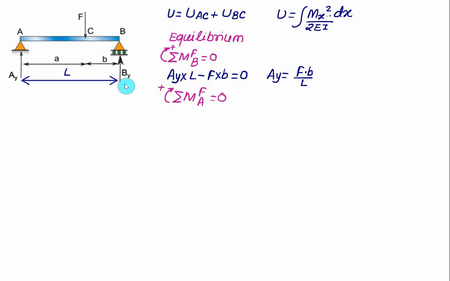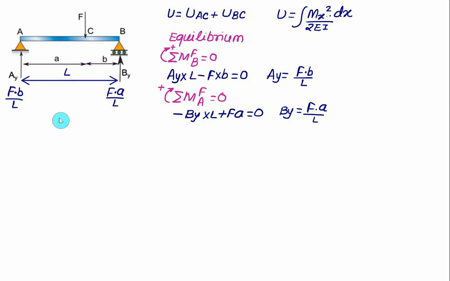Moment of BY about point A will be anticlockwise, anticlockwise is negative, BY multiplied by distance L. Moment of F about A is clockwise, with distance equal to A. Clockwise is positive, so we have F into A, must equal 0. So the reaction at B, BY, is F multiplied by A divided by L. So two reactions are known, AY and BY.